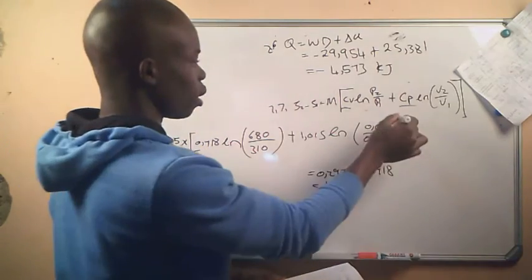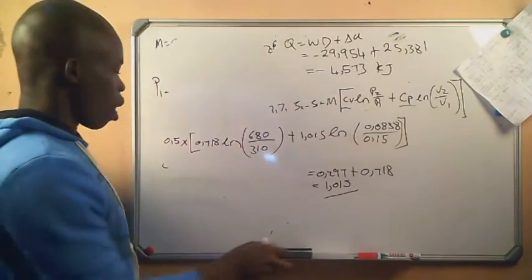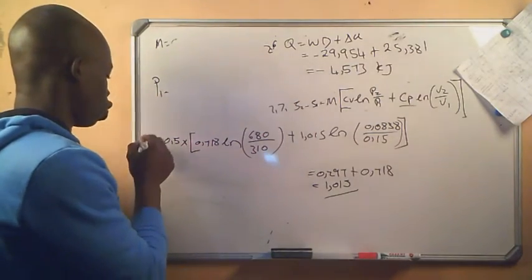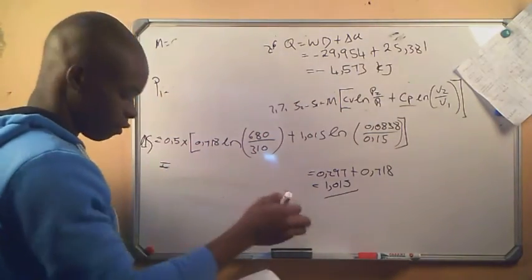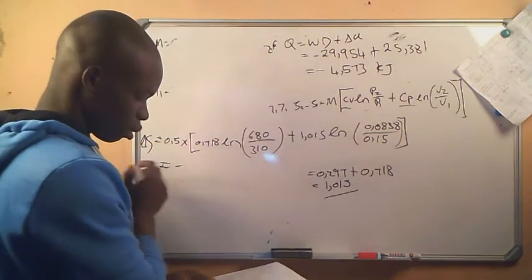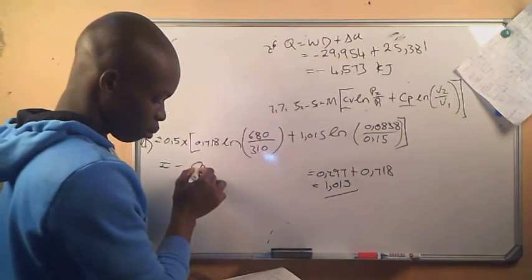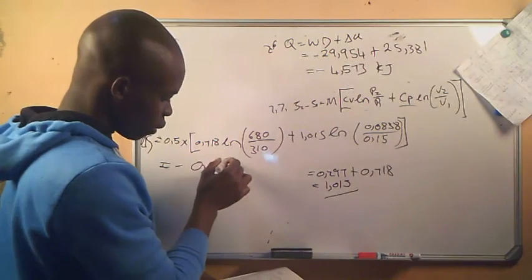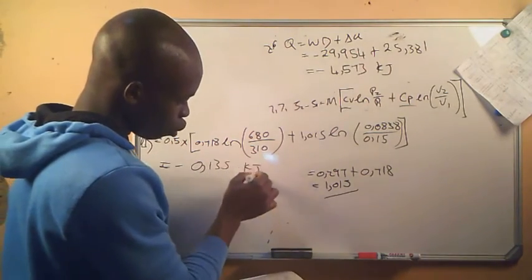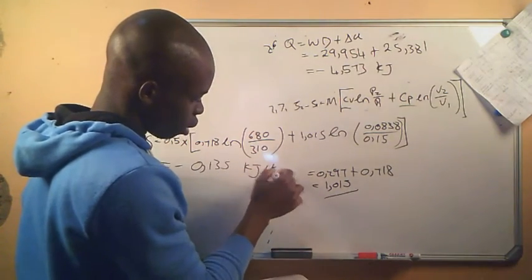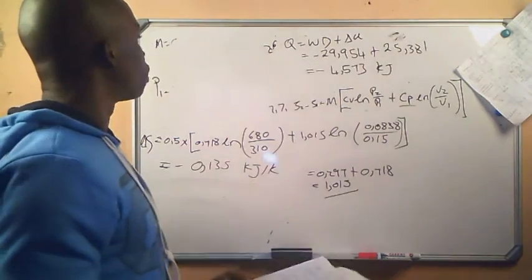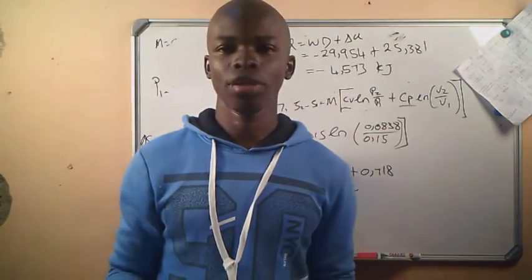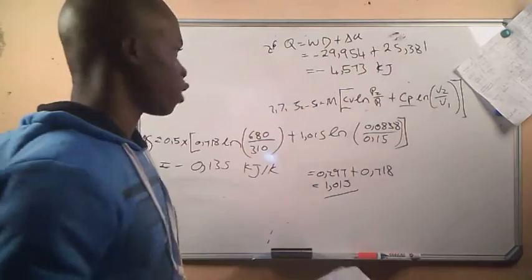Then we go ahead and calculate this change in S. We get a value of negative 0.135 kilojoules per Kelvin. So that is the end of our first question.